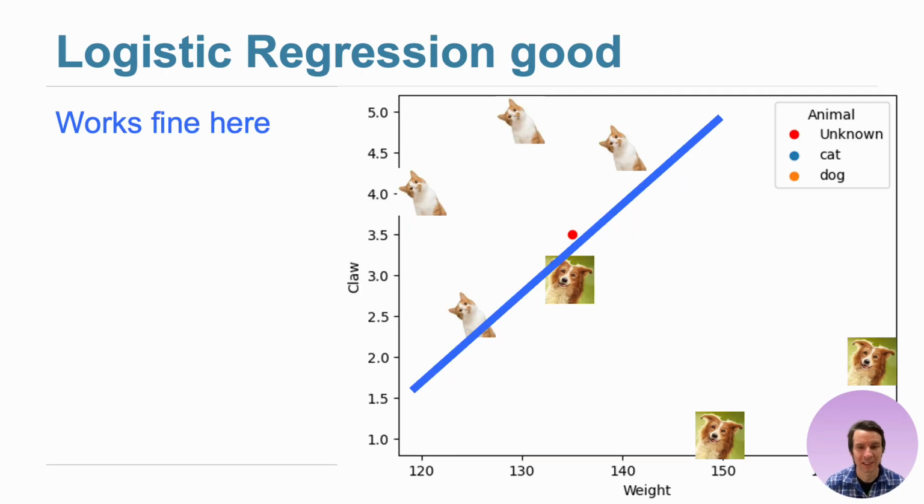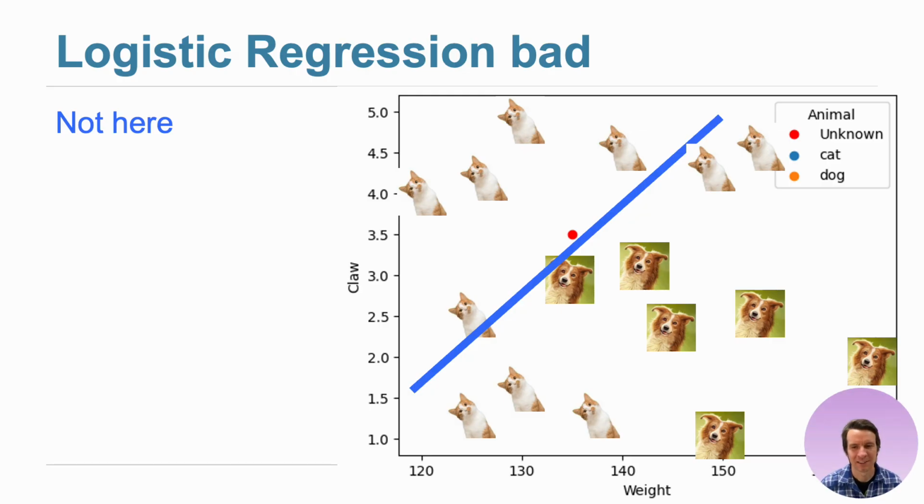So in our case, the logistic regression seems to work fine because there is kind of separation by a line of the data. But if the data would look like this, then the logistic regression would be quite bad, right? It's at least visually clear that there is some separation between the cats and dogs, that if you have a more complicated shape, you would be able to distinguish cats and dogs.